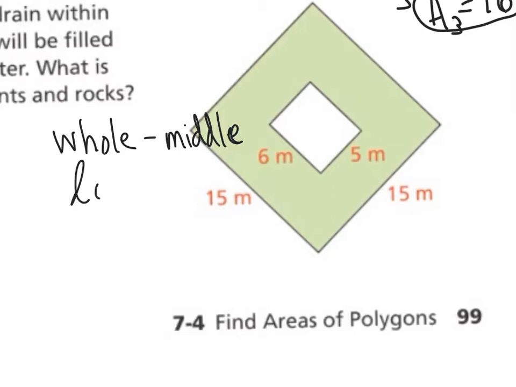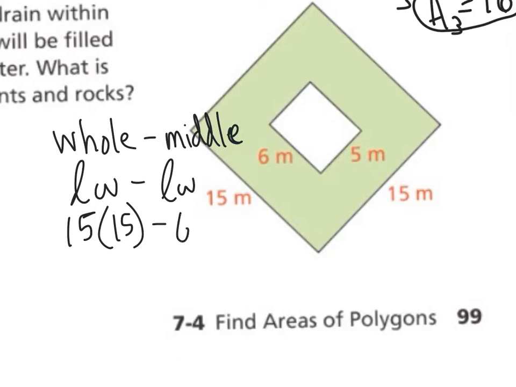So we have rectangles here, so we're doing length times width. So dimensions of that would be 15 and 15, so it's actually a square again. And then for the middle part, the dimensions would be 6 and 5.